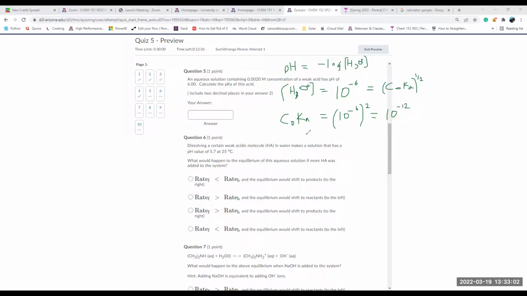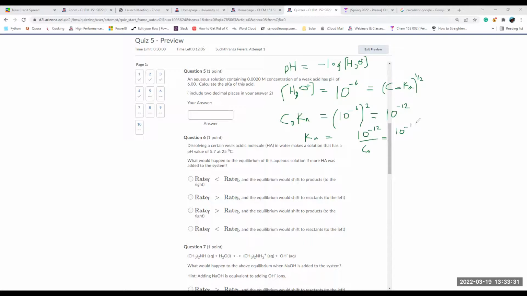And therefore Ka is equal to 10 to the power of minus 12 divided by C naught. I'm going to rewrite that, and then plug in the value for C naught.